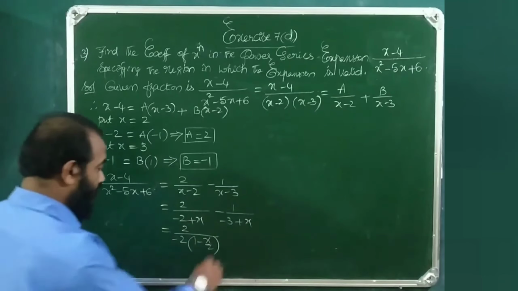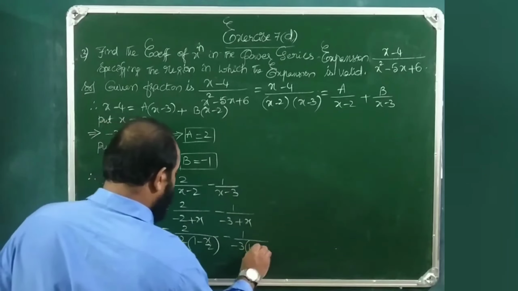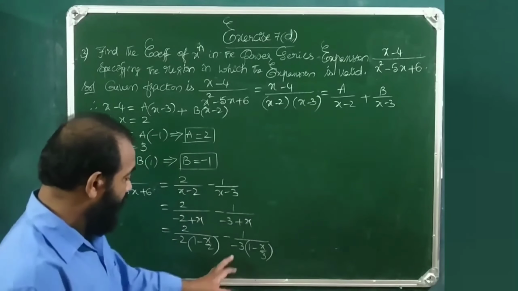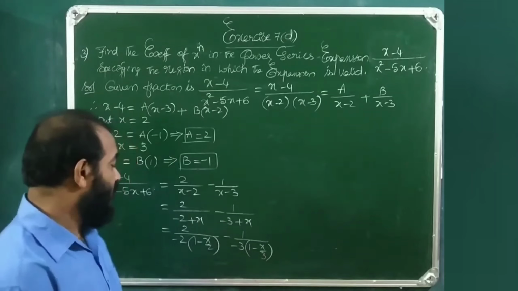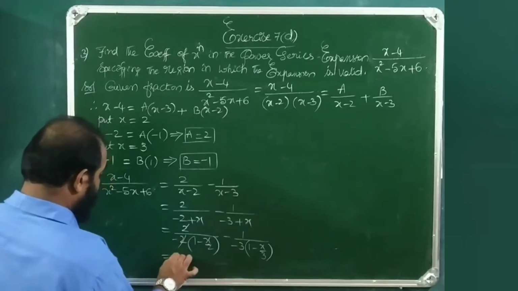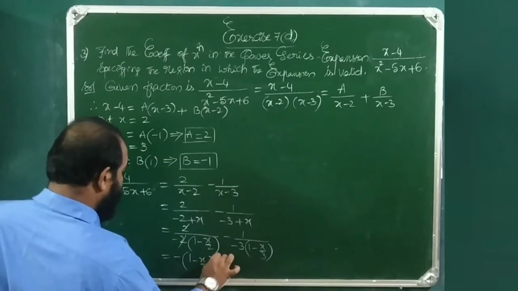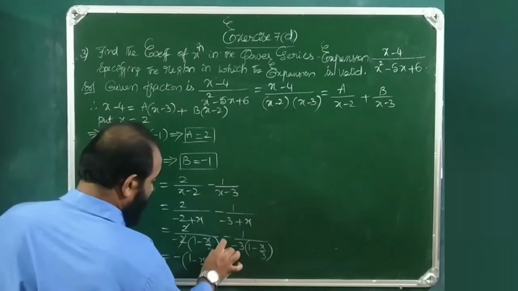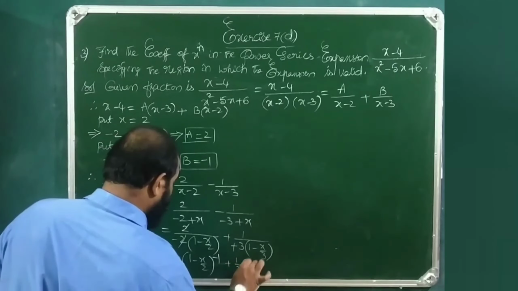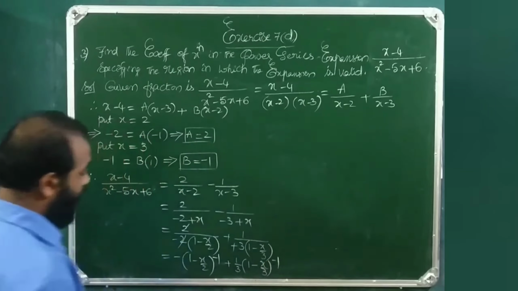Minus 1 by minus 3, if you take common, (1 minus x by 3). So minus 3, yes. Now 2 gets cancelled. This is equal to minus (1 minus x by 2) whole power minus 1. So this minus gets cancelled, so 1 by 3 into (1 minus x by 3) whole power minus 1.